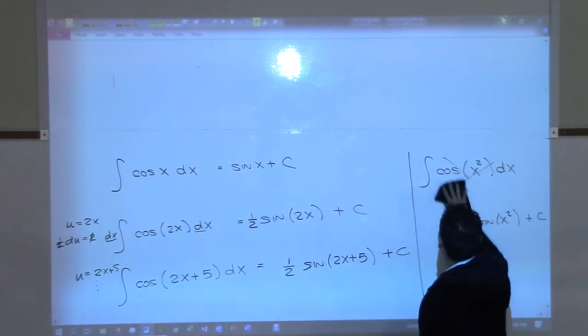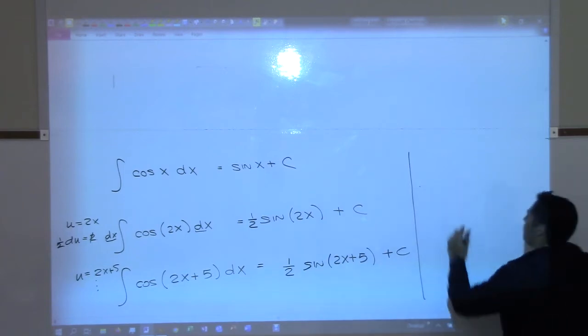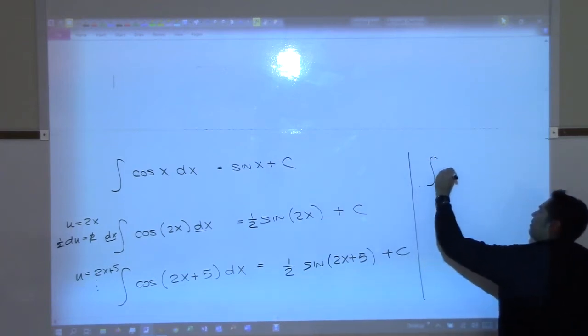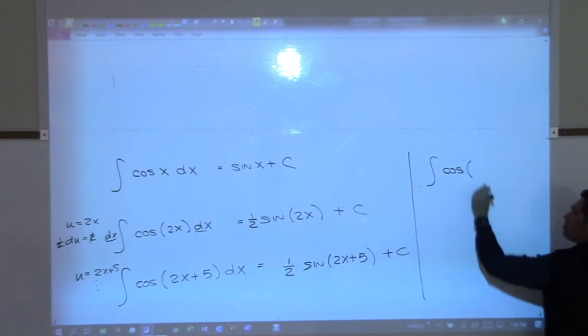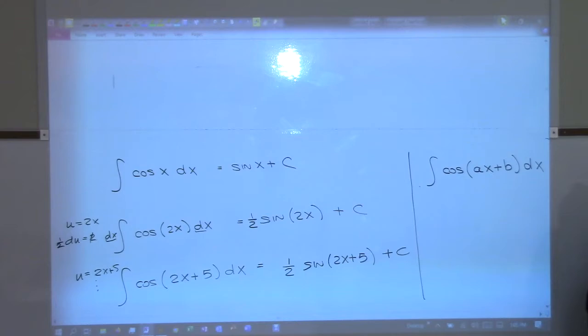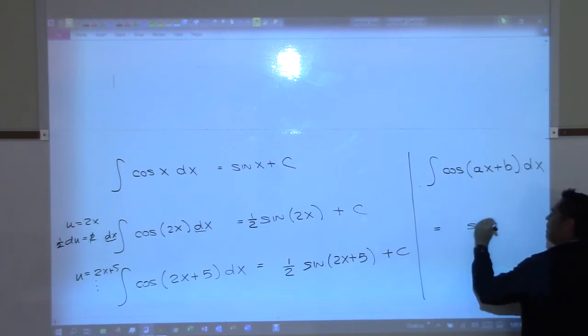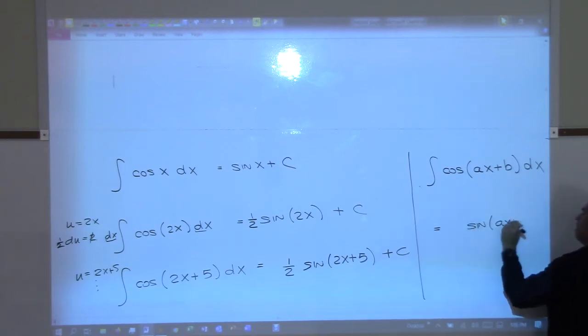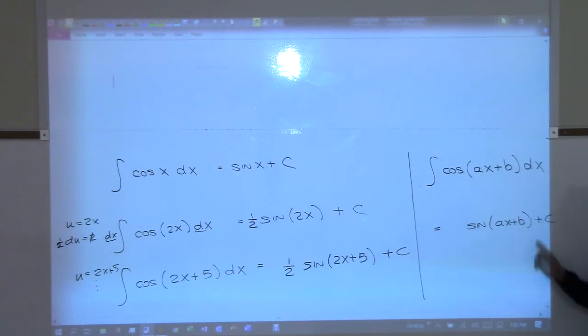What we're trying to see here is that if we had the antiderivative of cosine of an arbitrary linear expression in x, that's a linear expression in x, then the antiderivative of this should be sine of ax plus b plus some constant. But when we take the derivative of this, what would be the derivative of this right here? A. We would need to scale it by 1 over a out here.